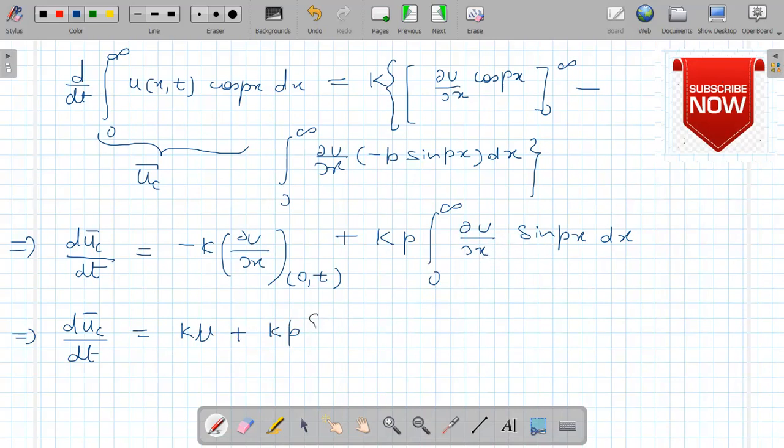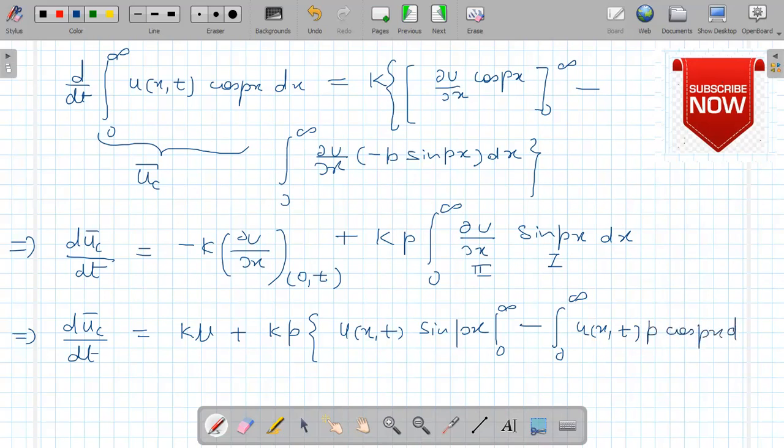We again take this as first function and this as second function. So we have u x comma t sine of px as first function. Integration of this will be u into limit 0 to infinity, and then integration u x comma t, and differentiation of sine is p cos px dx.